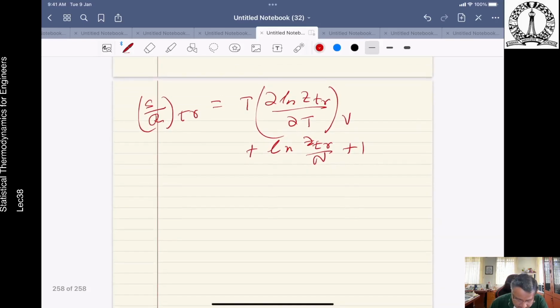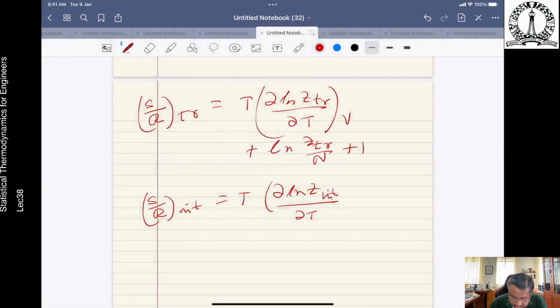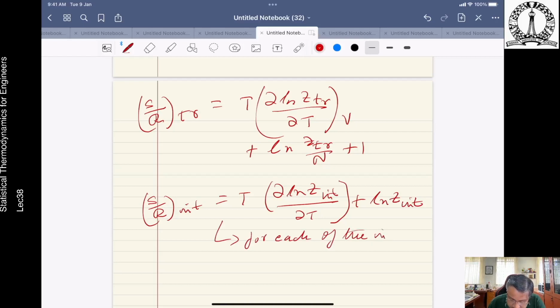And then of course you have the internal mode, which is given as d ln Z internal/dT at constant V plus ln Z internal, for each of the internal modes.